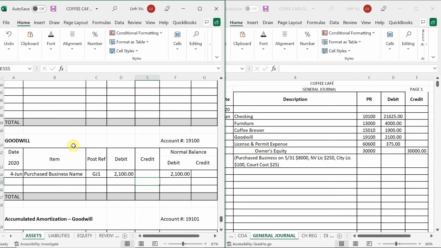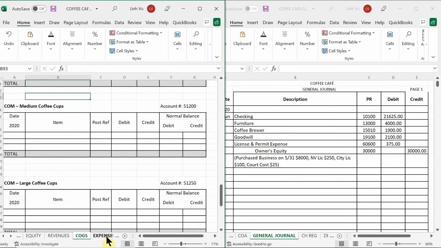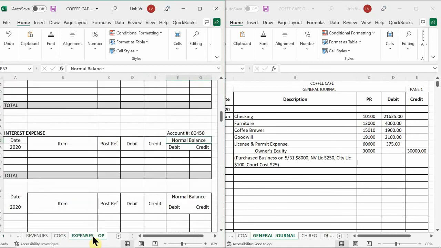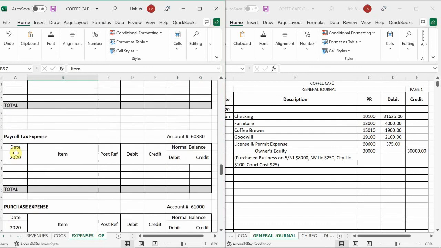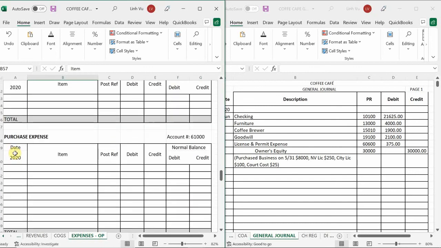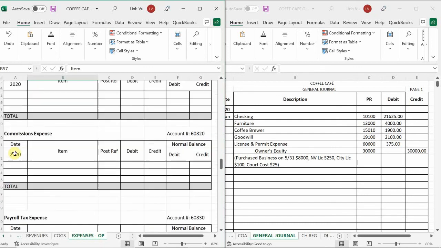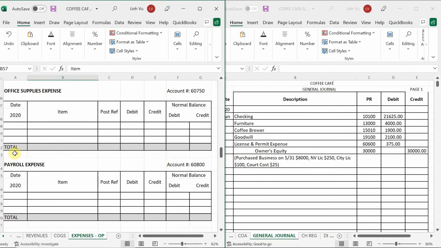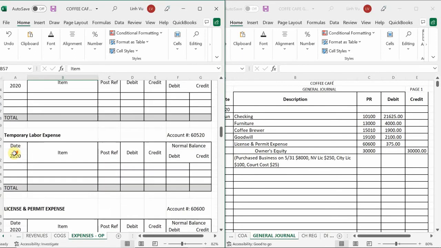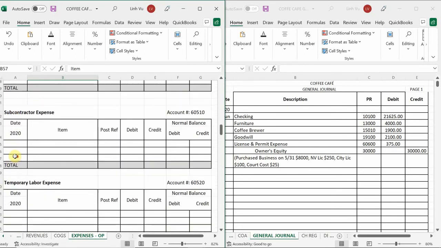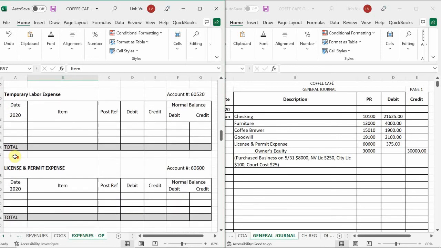Okay, let's see what's next here. We bought some license and permit expense, so I'm going to locate my expenses. They're all in alphabetical order. Let's see, we're a little too far. Here you go, license and permit expense.